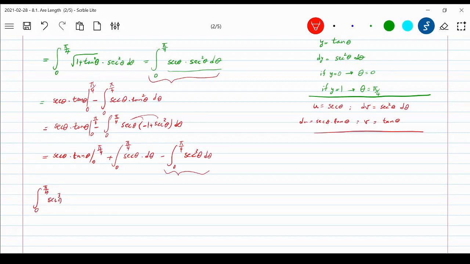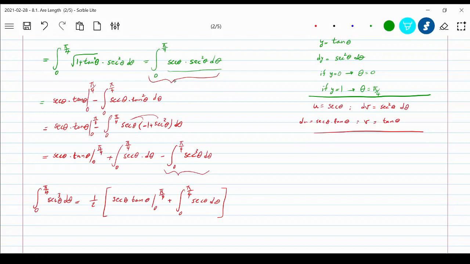So I can say the integral from 0 to pi over 4 of secant cubed theta d theta is the same as 1/2 secant theta tangent theta from 0 to pi over 4 plus the integral from 0 to pi over 4 of secant theta d theta.